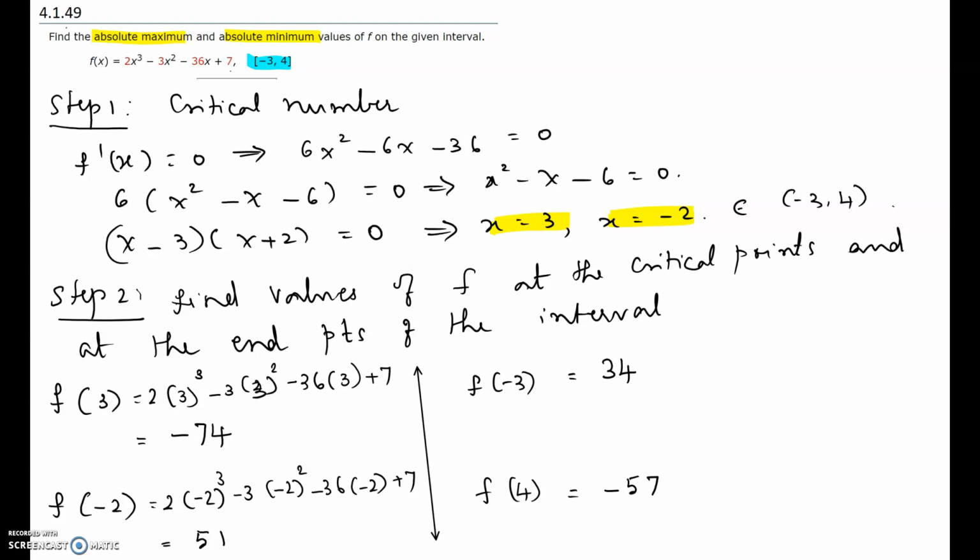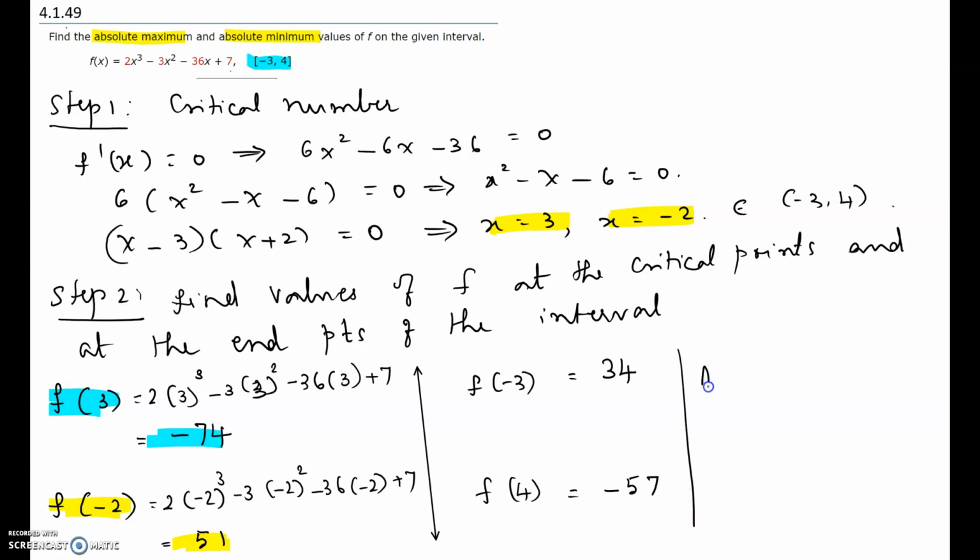Of these values, we have to pick the highest of these 4 values, which is 51, the absolute maximum value. And then the lowest would be negative 74, which is attained at 3. So you write that.